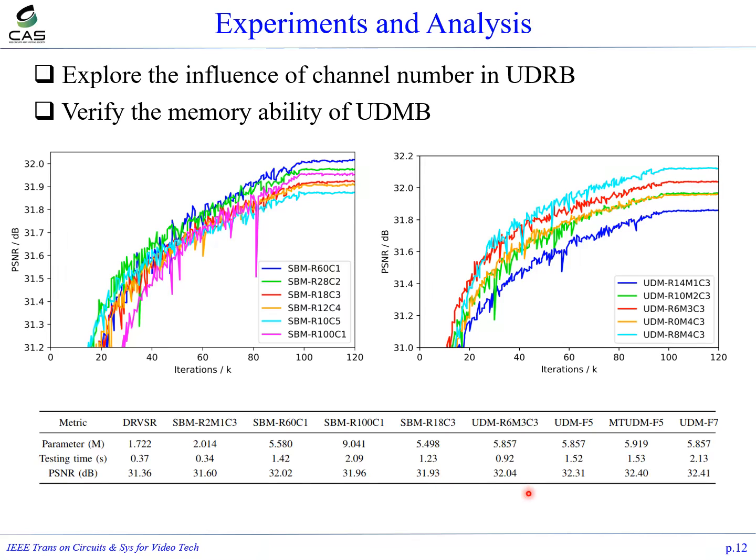Then we verify the memory ability of UDMB. By adding a few UDMBs to R18C3, UDM-R6M3C3 behaves a little better but much faster than R60C1. This phenomenon indicates the superiority of the multi-channel design of ultra-dense blocks.